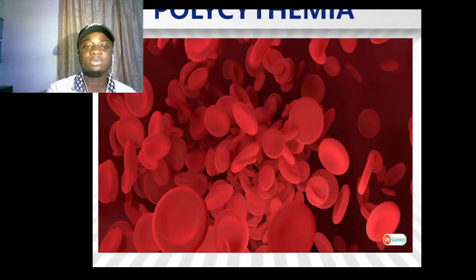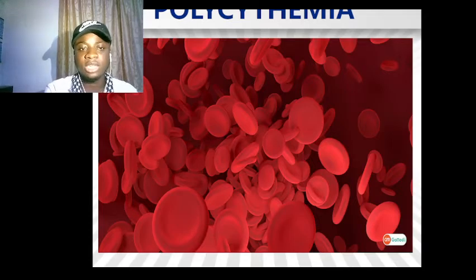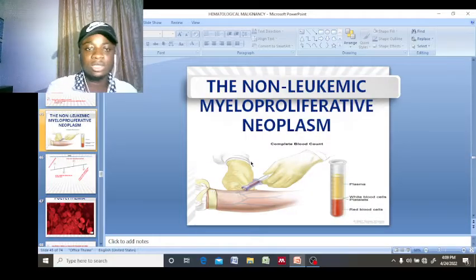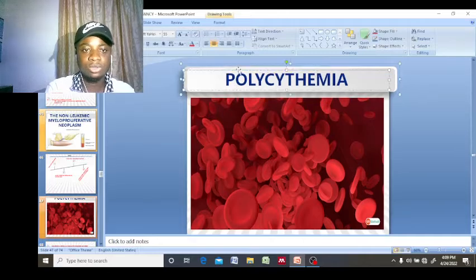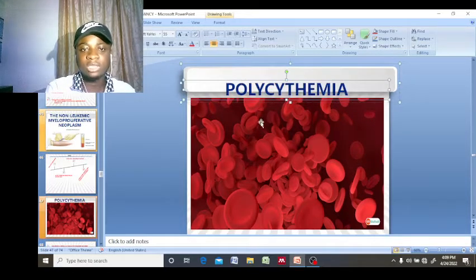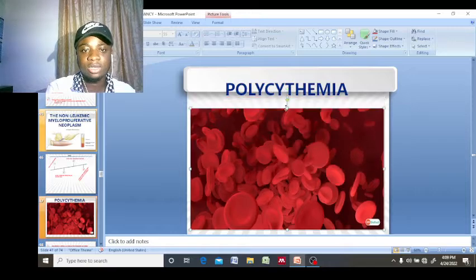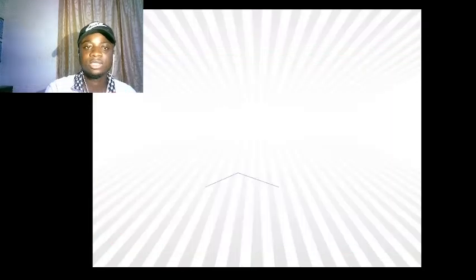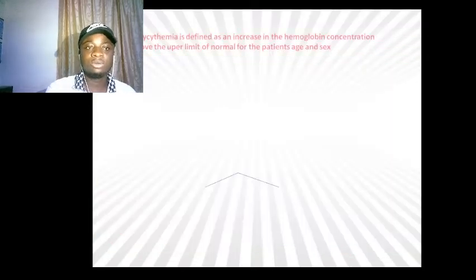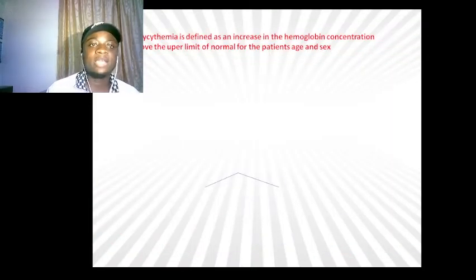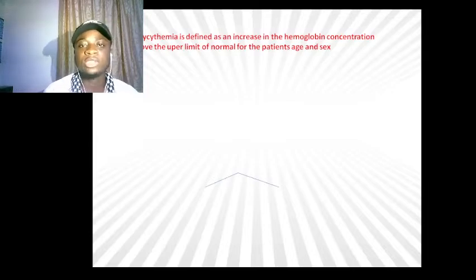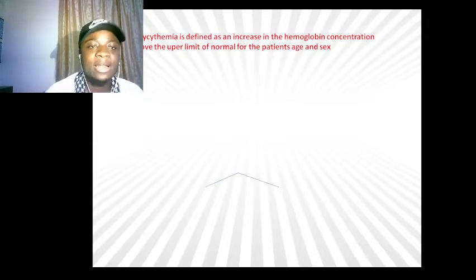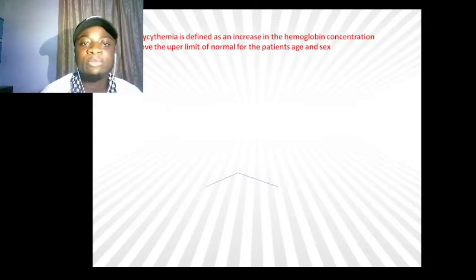So polycythemia, very important. Polycythemia is defined as an increase in the hemoglobin concentration above the upper limits of normal for the patient age and sex.